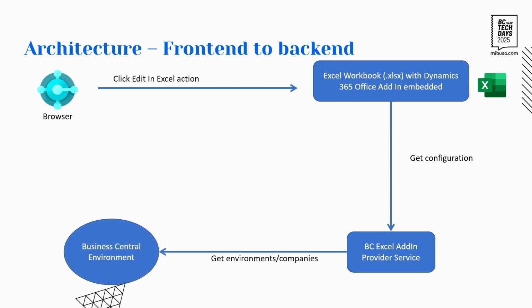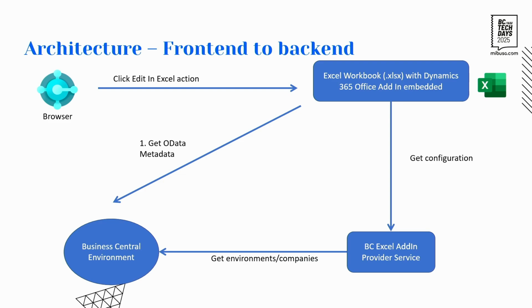So once the call goes to the service in SaaS, the Excel add-in provider service, it goes to the environment and retrieves the information about your tenant, like what environments it has, what companies it has, and then this information is passed back to the add-in. Once the information is passed back, the add-in makes the call to get the OData metadata.